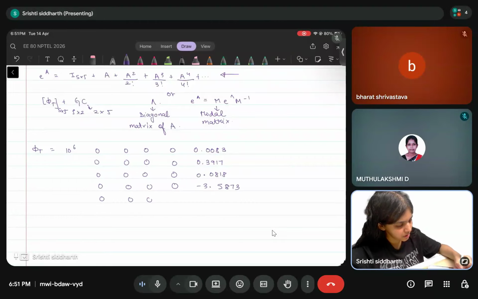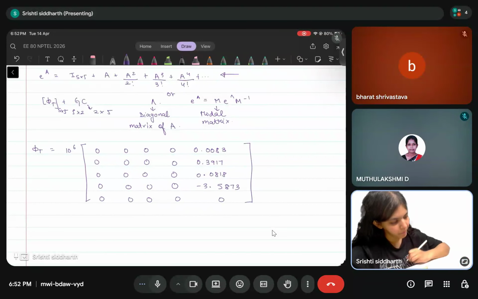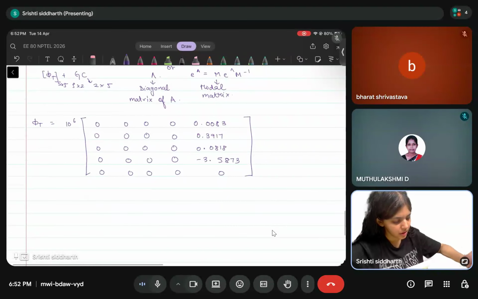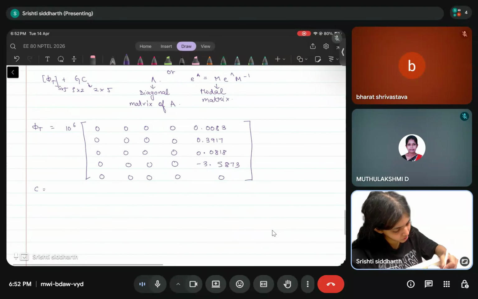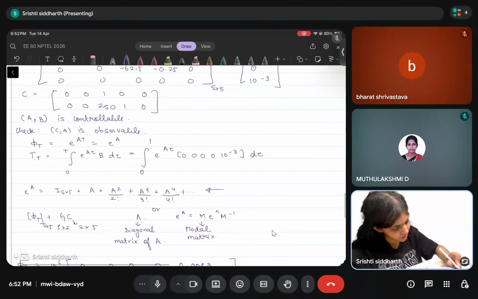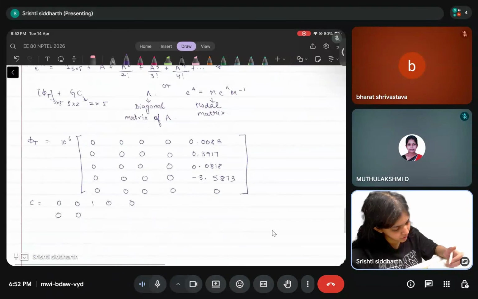And then the last row is zeros. So you can check this. So we already have C. C was 0, 0, 1, 0, 0, then 0, 0, 250, 1, 0.